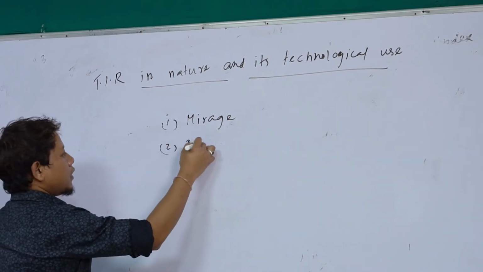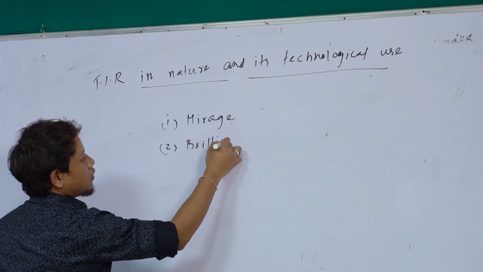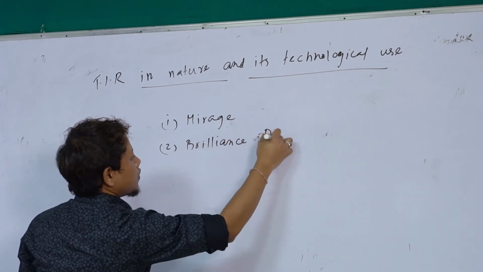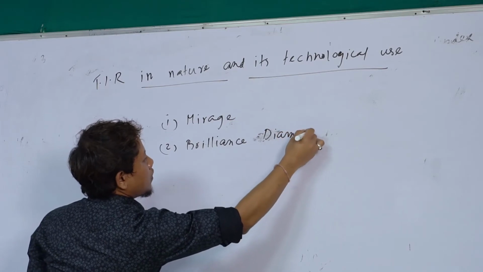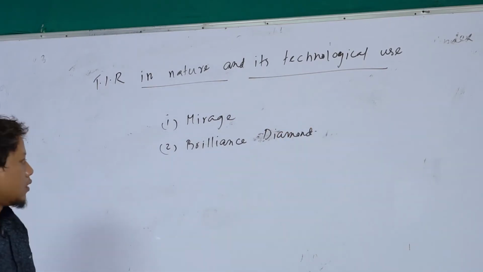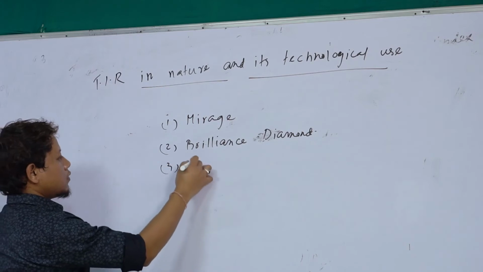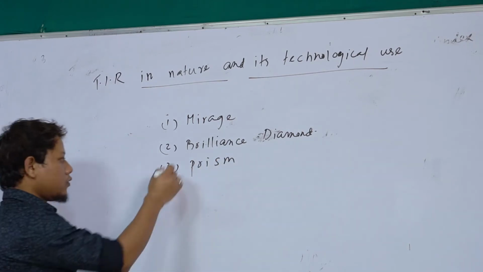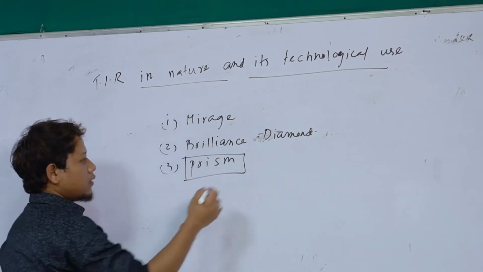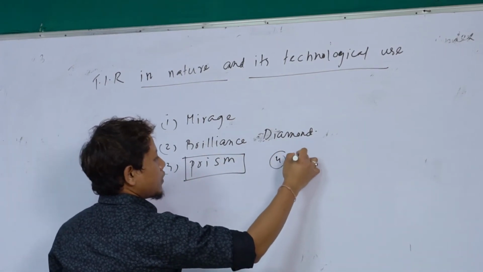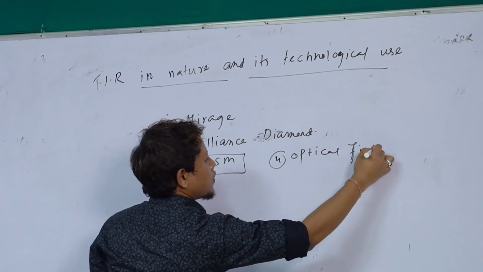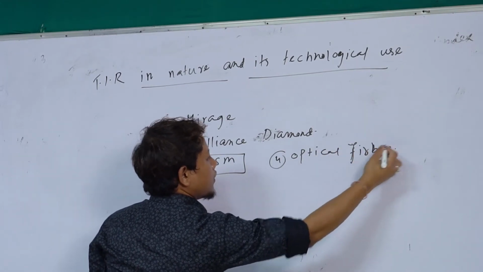Next is brilliance of diamond, meaning why the diamond sparkles. And third is total internal reflection in prism. This one I'll discuss now. And the fourth one is optical fibers.